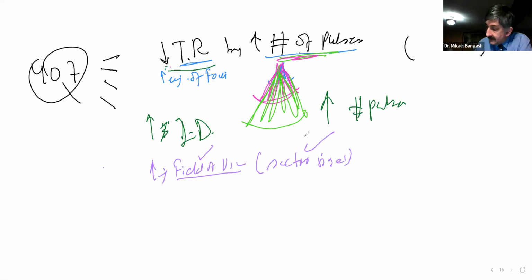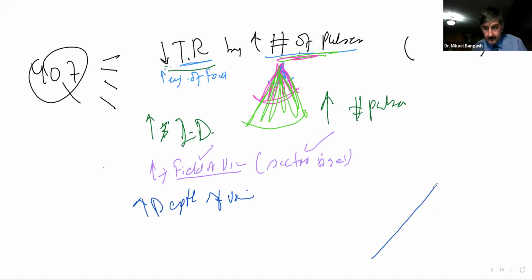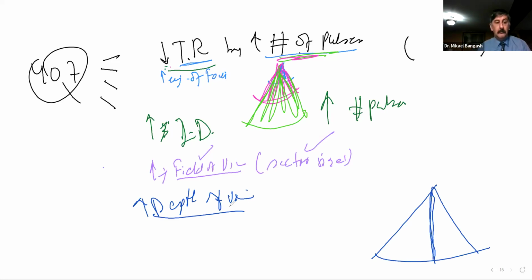So the last one is increasing the depth of view. Now, as I said earlier, guys, for instance, if this here was your image, a sector shape in this case, this here was your depth of view, whereas this here was your field of view.